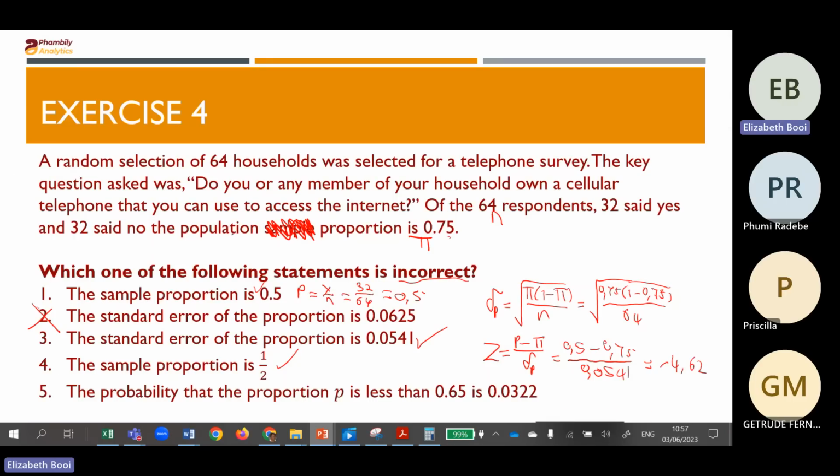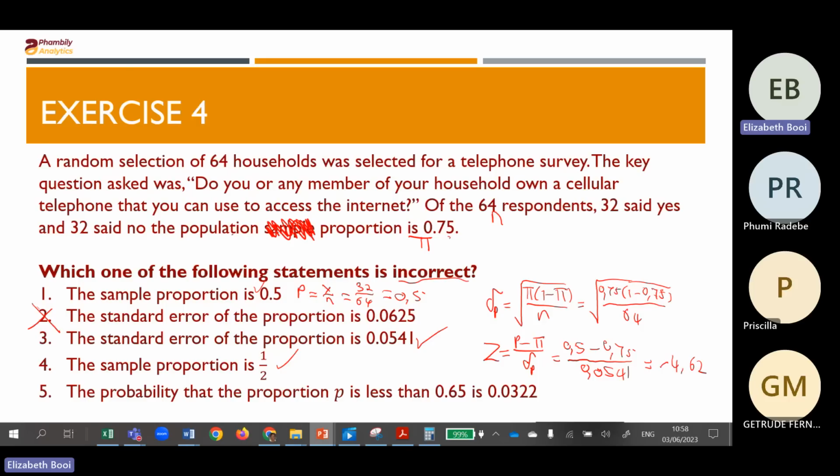Let me use my calculator. Okay, so we have 0.5 minus 0.75 divide by the square root of, I'm going to just calculate the entire thing, 0.75 times 1 minus 0.75 divide by 64. Yes, I get the same.